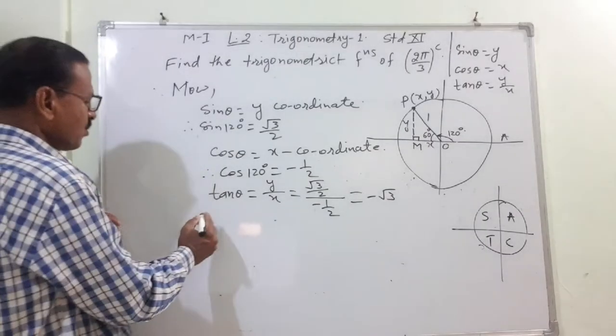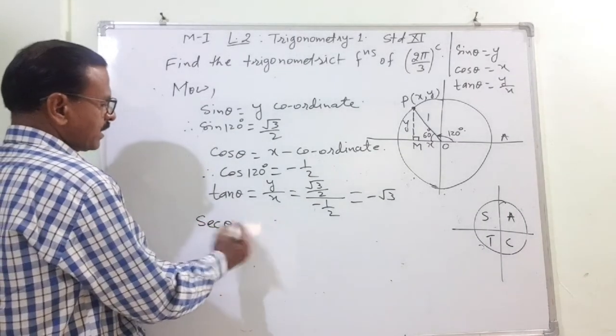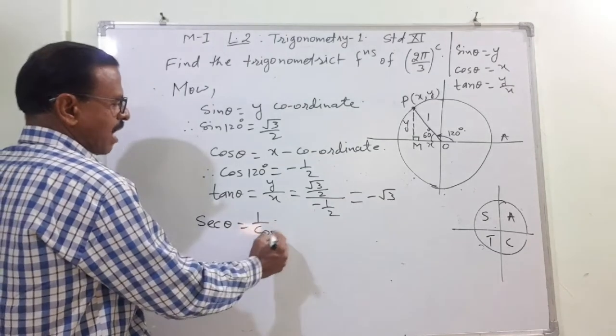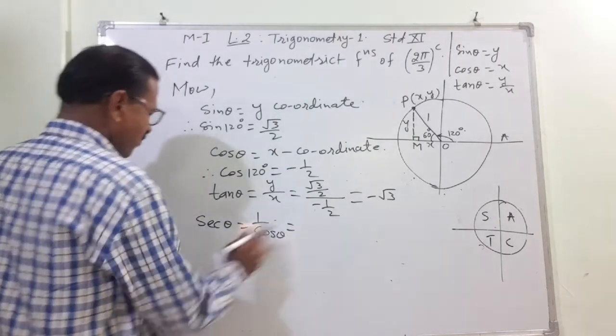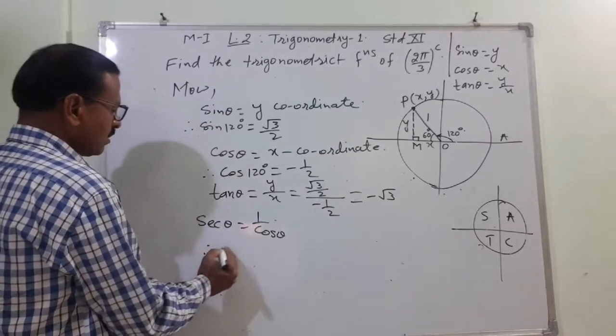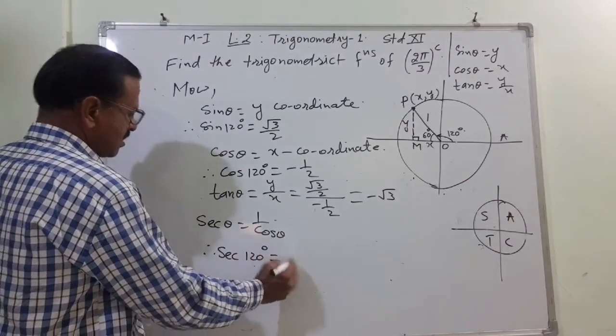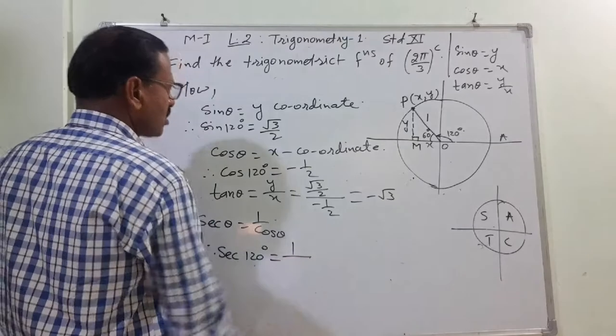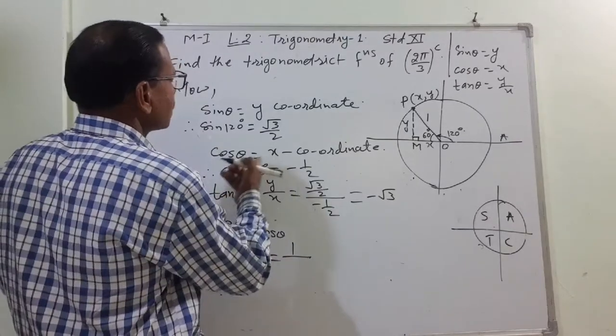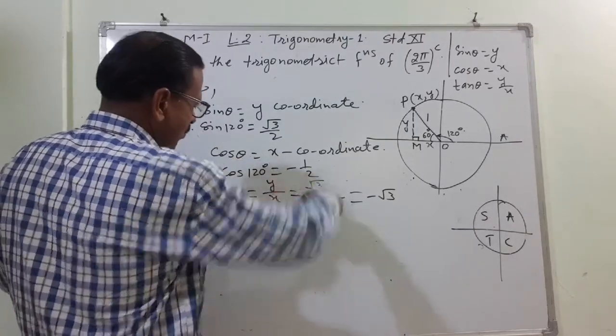Sec theta is equal to 1 upon cos theta. Therefore, sec of 120 degree is equal to 1 upon cos of 120, which is minus half.